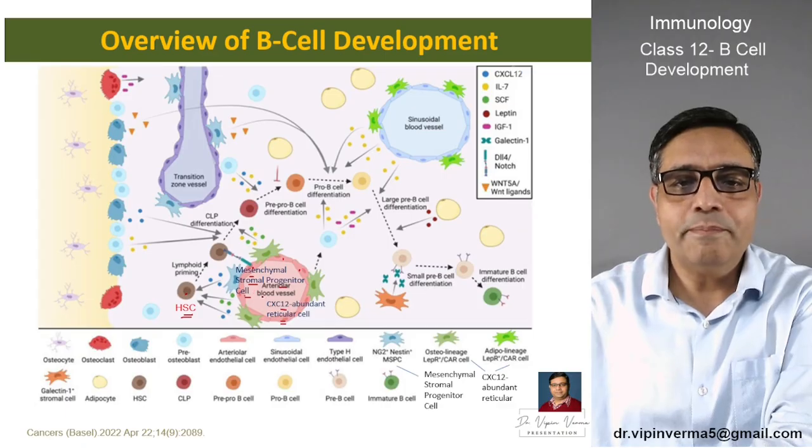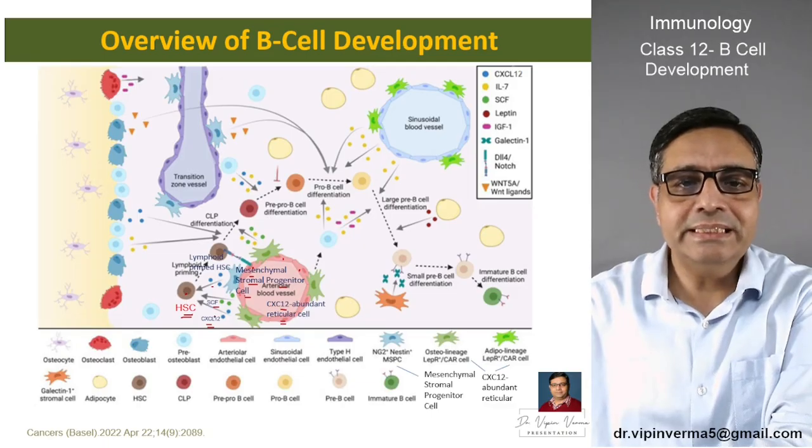Now, this CAR cell releases or secretes the chemokine ligand CXCL12, and SCF, the stem cell factor. The mesenchymal stromal progenitor cells also secrete CXCL12, the same as that secreted by the CAR cells.